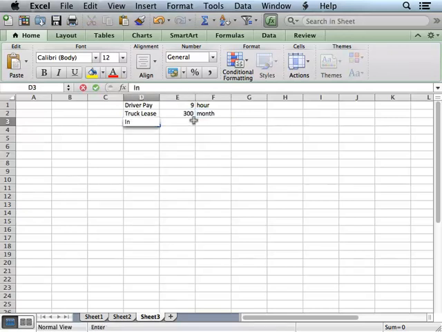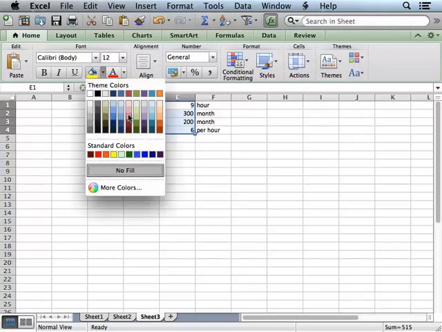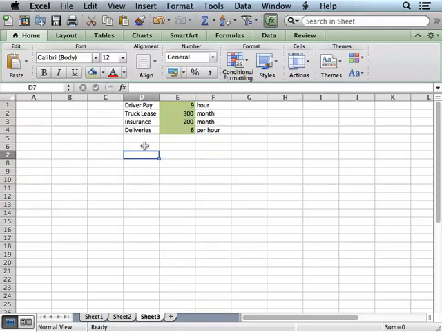The insurance, which runs $200 per month. And finally, the number of deliveries that he thinks he can make an hour. So we'll say deliveries, 6 per hour. Okay, so these are the facts of my case. And I highlight them in green to make it clear what they are.